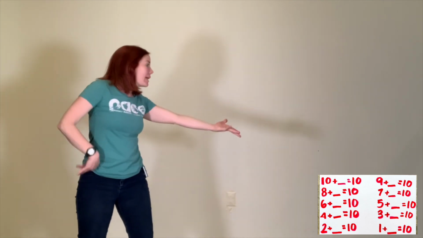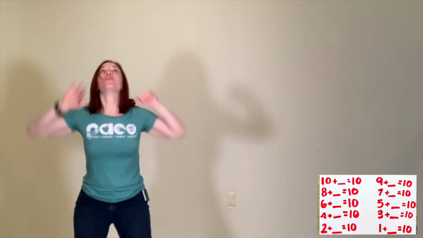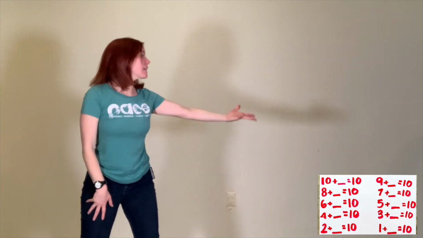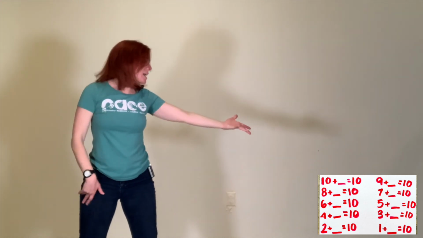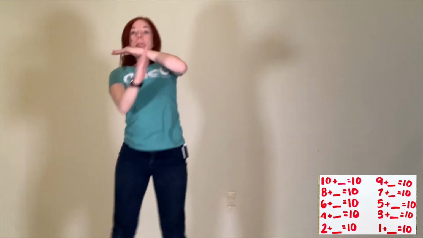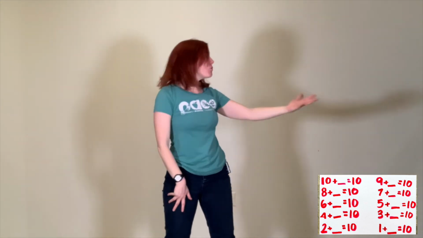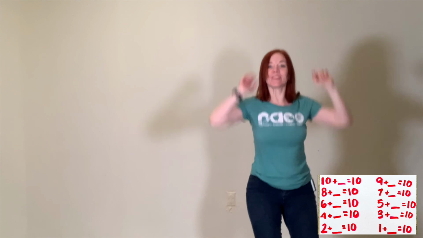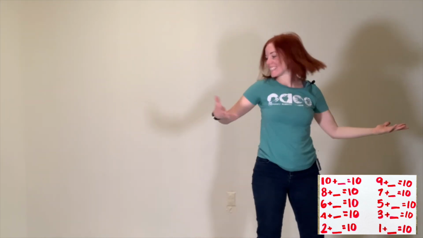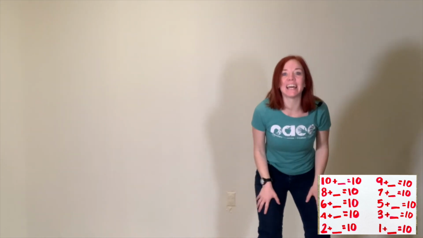That's 8 moves that we need to add to 2. 1, 2, plus 1, 2, 3, 4, 5, 6, 7, 8 equals 1, 2, 3, 4, 5, 6, 7, 8, 9, 10.